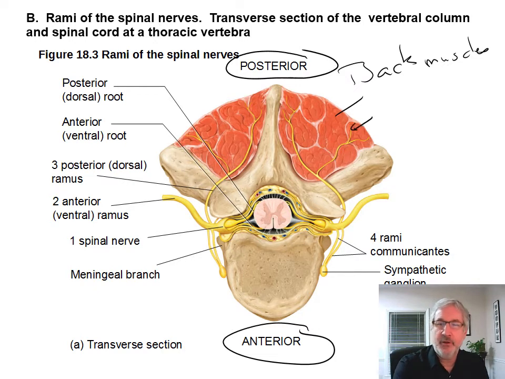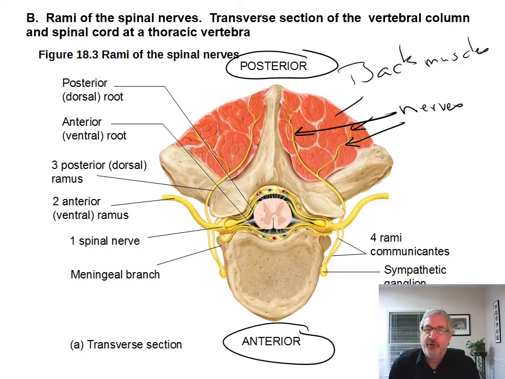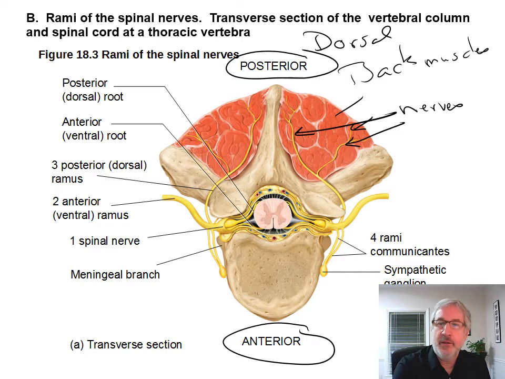These are nerves that are coming back and they are innervating those muscles in your back. So those are on the posterior or dorsal side. And you see that this is a branch, those branch from here, there.